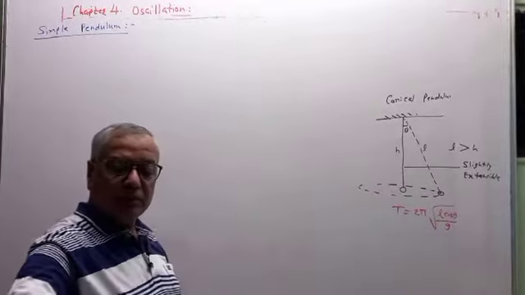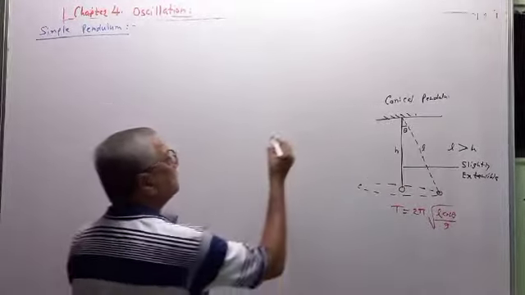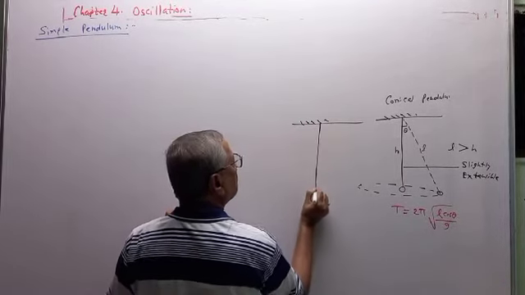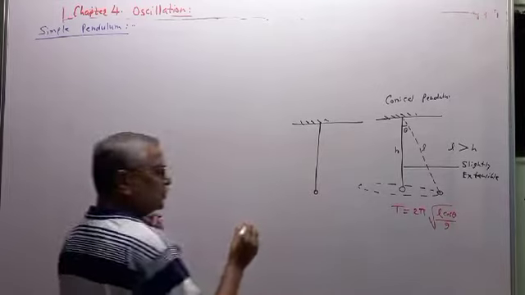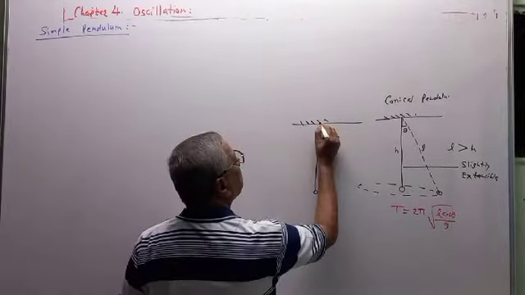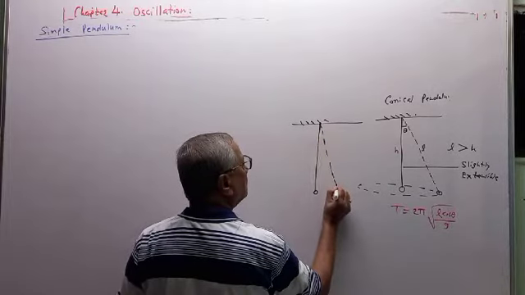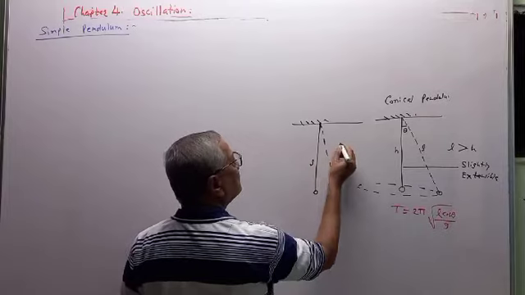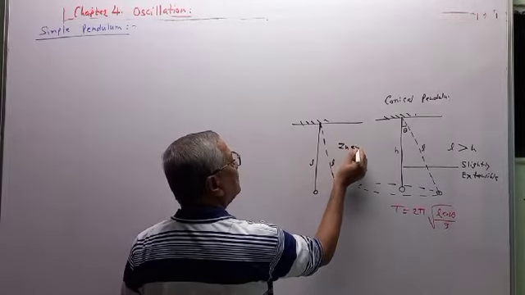In case of simple pendulum, I will show the rough diagram. This is the initial position, the equilibrium position of the bob. It is deflected slightly. So L and L are the same, so the string is inextensible.